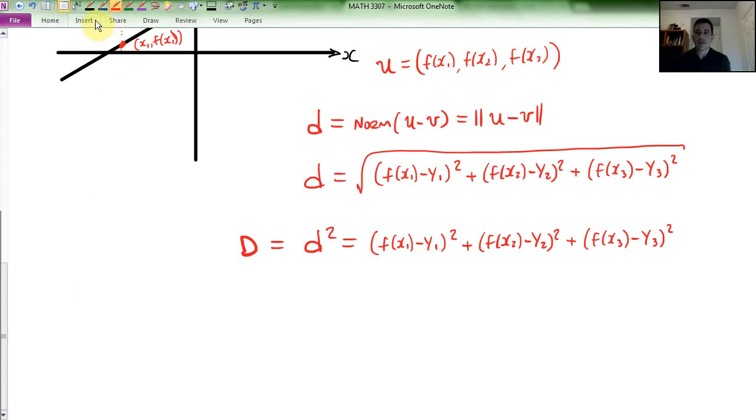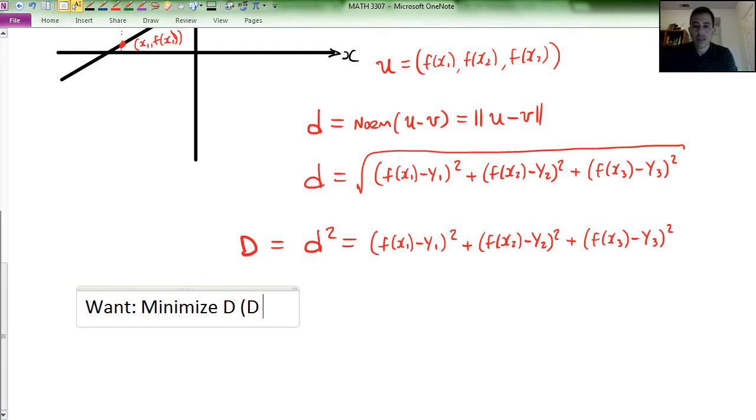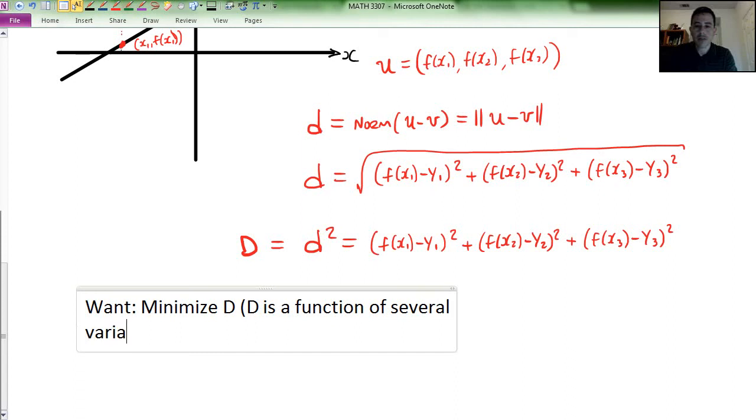How do we minimize it? We want to minimize d, and d is a function of several variables.